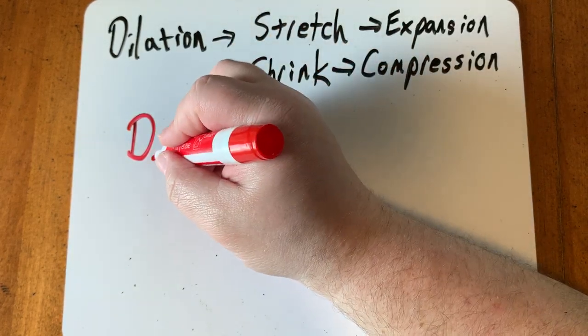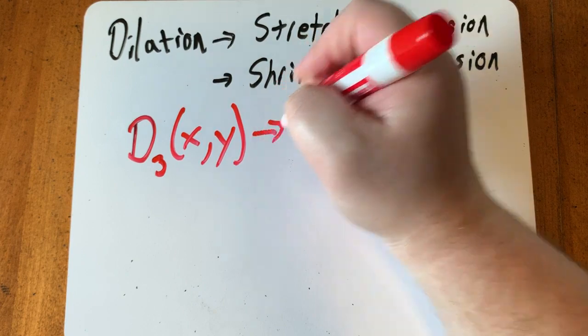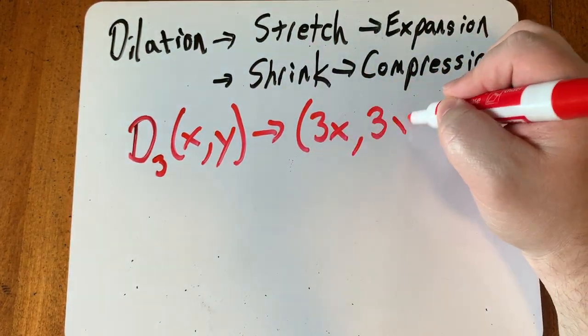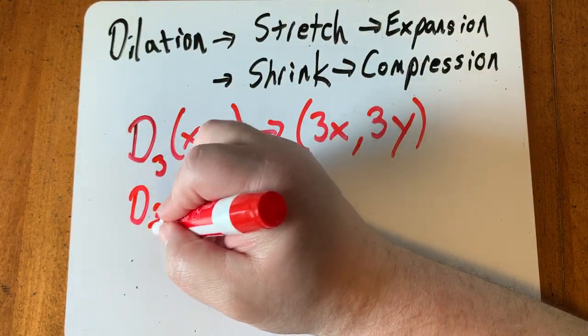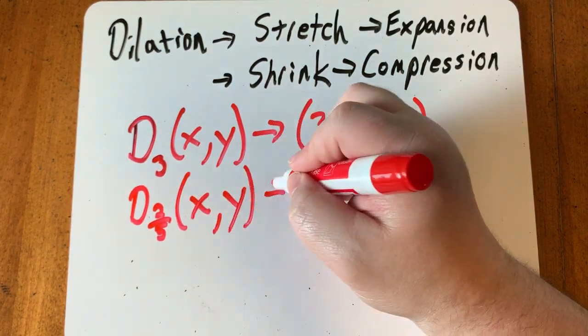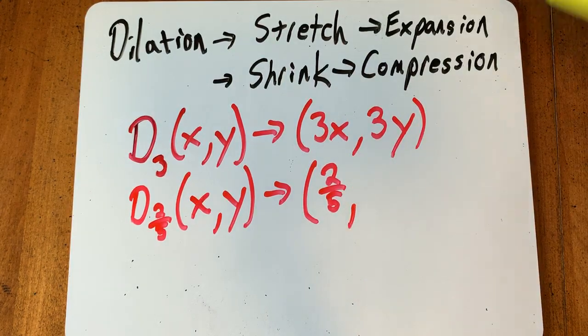So if we have dilation of 3 of x, y, all that's saying to do is multiply by 3 to the x and y coordinates. If we had 2/5 of x, y, you multiply by 2/5. Oops, forgot my x.